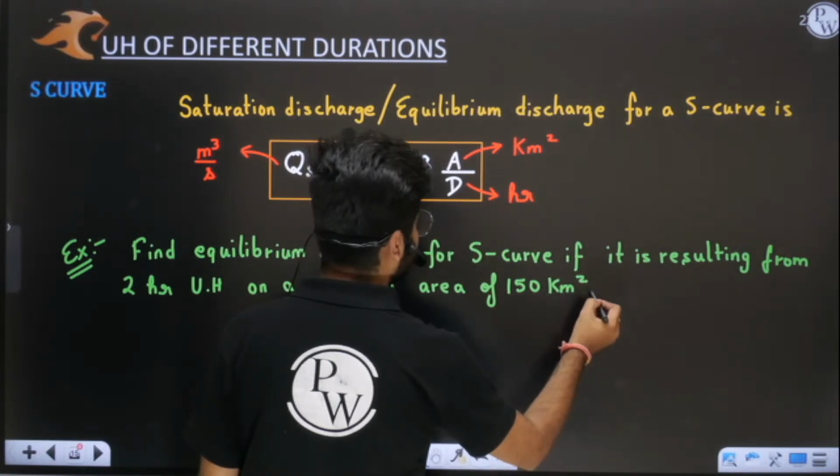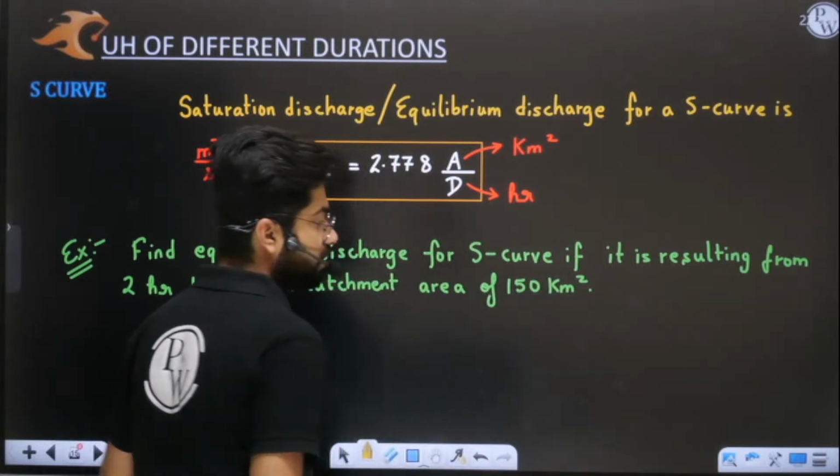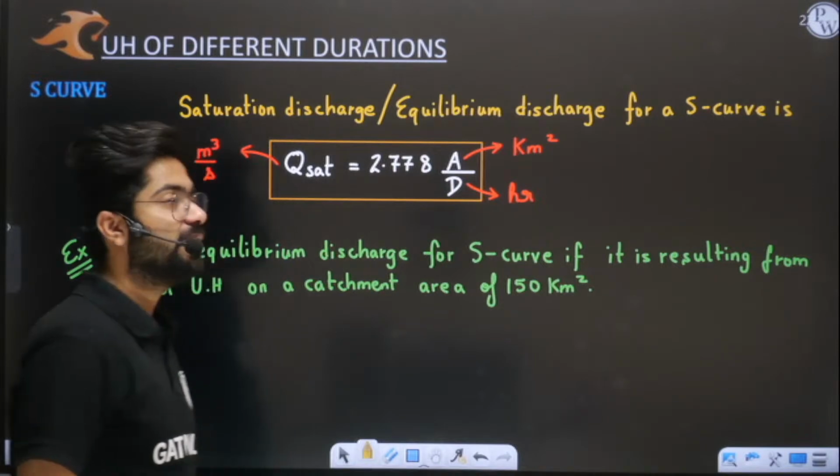If this is given to you, you can simply find the value of equilibrium discharge.